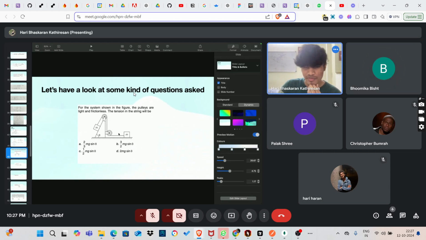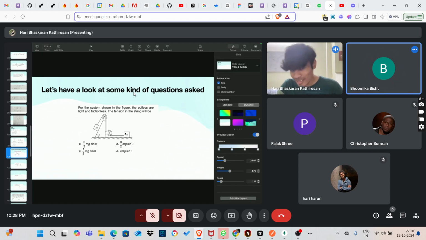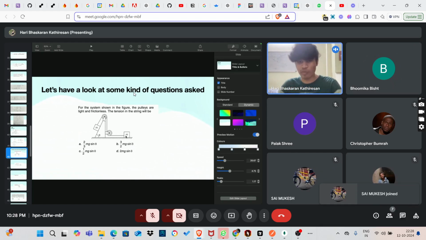If mg is acting, there's something else also acting, right? Normal. The net motion of this mass is 0 with respect to the y-axis. So if something is acting on the y-axis downwards, something has to act in the positive y-axis, right? So there's normal acting here, mg acting downwards, and tension acting this side.